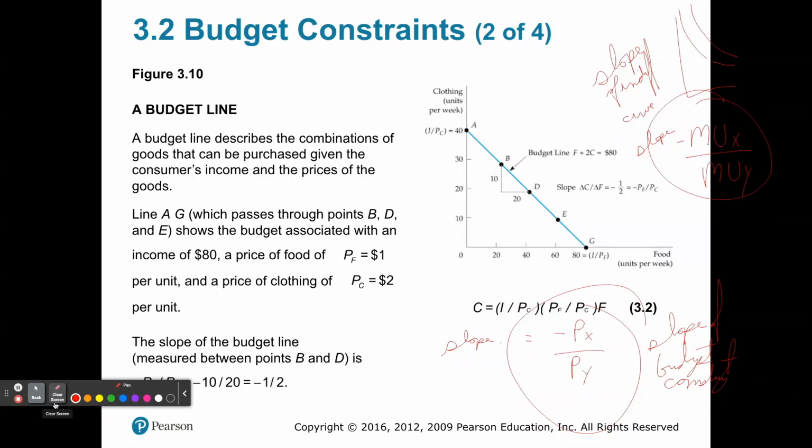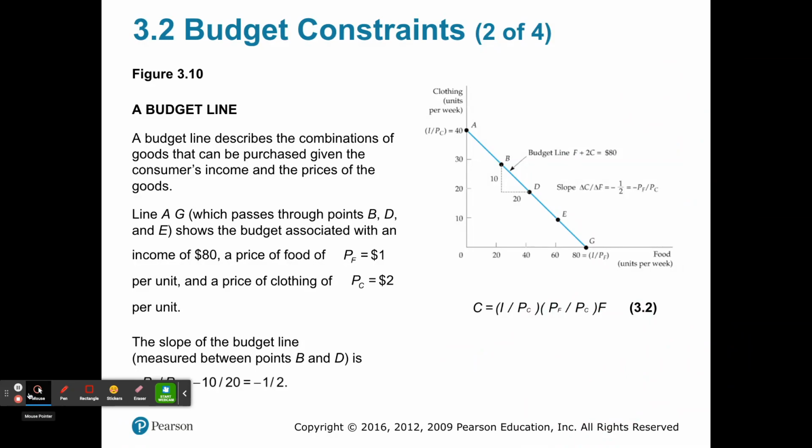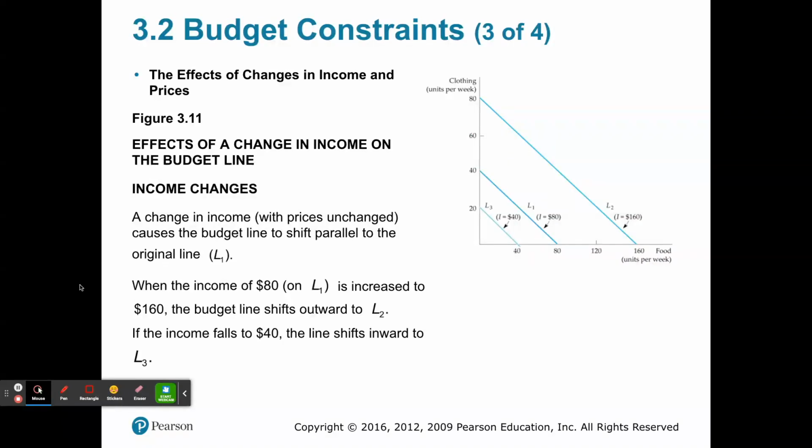So what we could understand here is that as the income levels change, we would shift the budget constraint outwards or inwards, depending on whether it's increasing or decreasing.